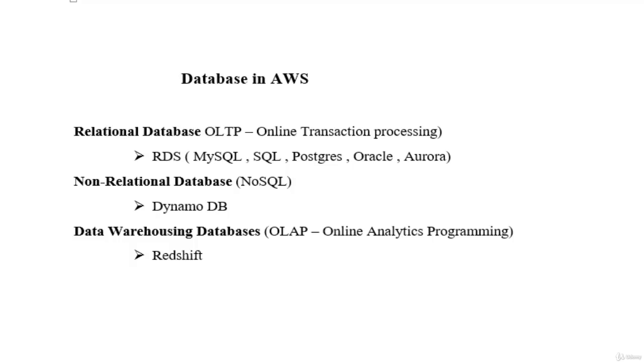However, OLAP is used for analytics, and it's mainly done by the higher business management. They pull out the data of all the transactions and all the activities happening in the business, and they analyze the data and take decisions out of that data.